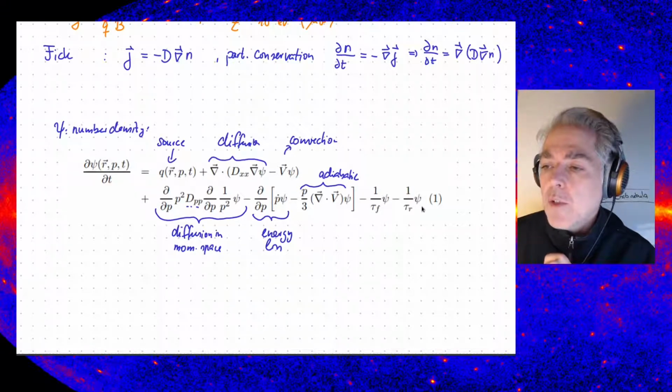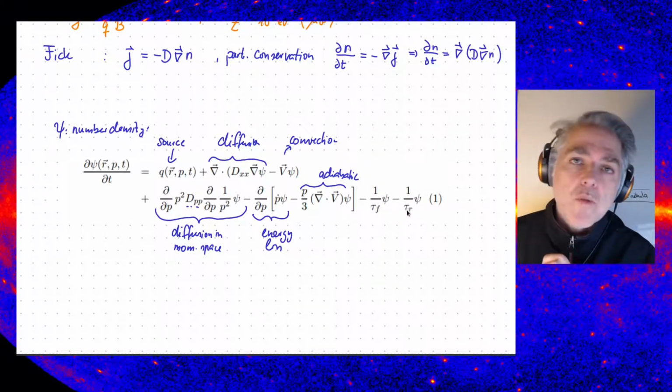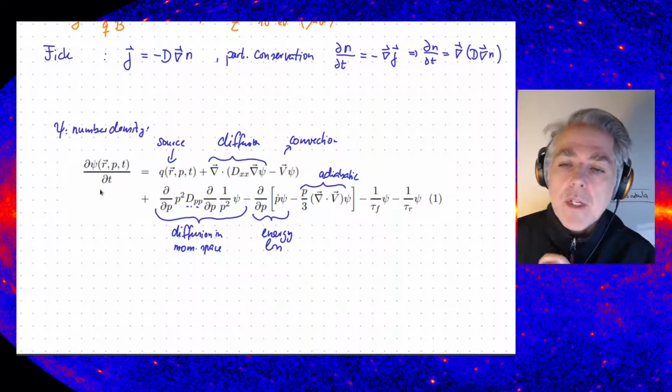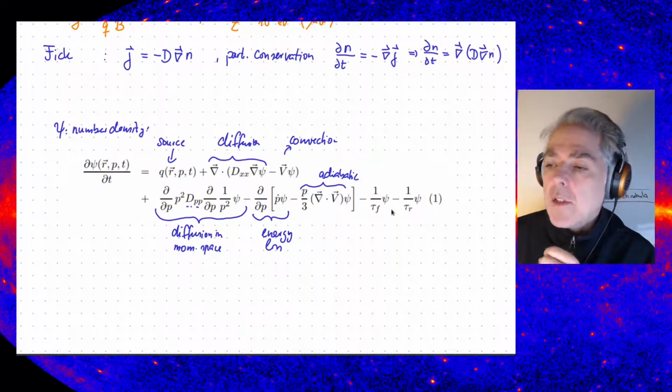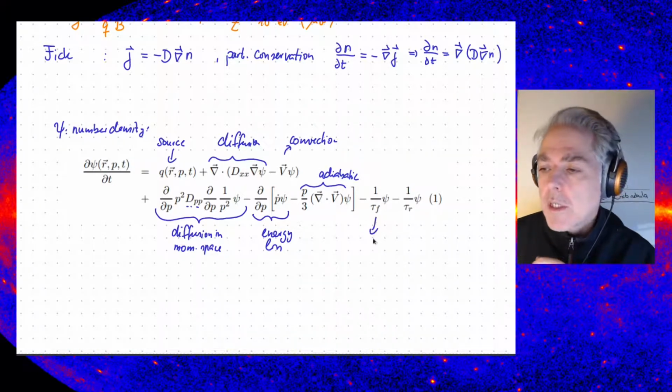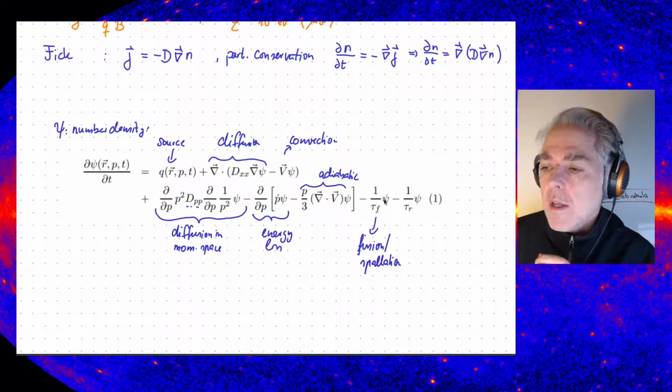And then we've got here two terms which look very similar to what we had before, but instead of psi, we have the time here, because this is now written down as a function of the time. We've got one which has to do with fission, so spallation. This basically removes particles with some time constant, and this one also removes particles.